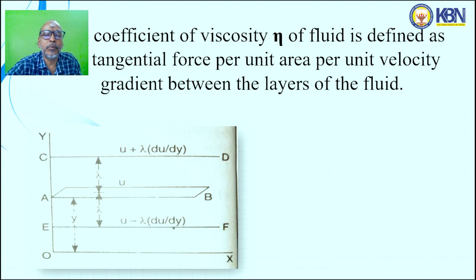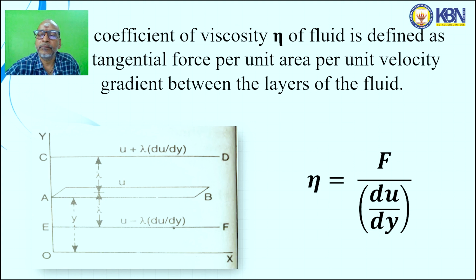The phenomenon of viscosity arises due to the transport of momentum from one layer to the other layer. Due to the viscous force existing between these layers, viscosity arises. It is defined as the tangential or viscous force existing between the layers per unit area per unit velocity gradient.